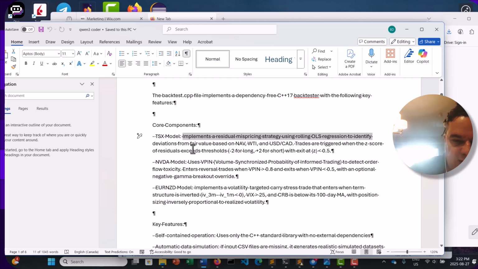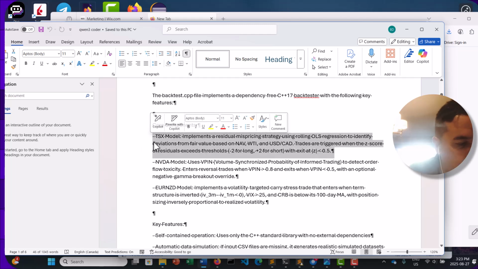Trades are triggered when the Z-score of the residual, similar to before, hits thresholds of negative 2 for long, positive 2 for short, with an exit at a Z-score of negative 0.5. So for my prompting, I've specifically asked for entries and exits and what will trigger them. And these are the trigger points right here, the exact parameters that you need to trigger your entry and exit.